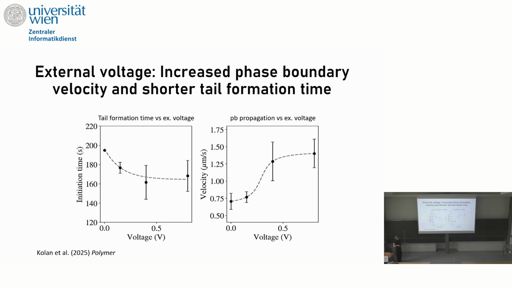By the way, Tasaki only did experiments applying voltage, but we found out that we don't actually need this. It is spontaneous. Also without applying an electrical voltage, there is phase boundary formation. And as for the initiation time of the tail formation, we saw that the tail is formed faster as we increase the voltage.